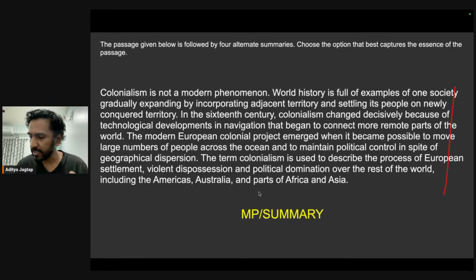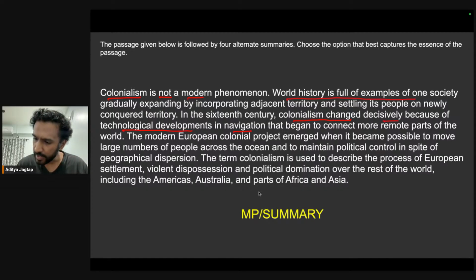Now let's try reading this. Colonialism is not a modern phenomenon. World history is full of examples of one society gradually expanding by incorporating adjacent territory and settling its people on newly conquered territory. So colonialism is not modern. World history is full of such examples. In the 16th century, colonialism changed decisively because of technological developments in navigation.